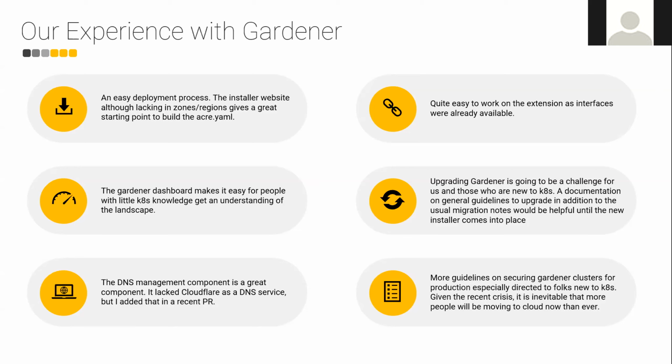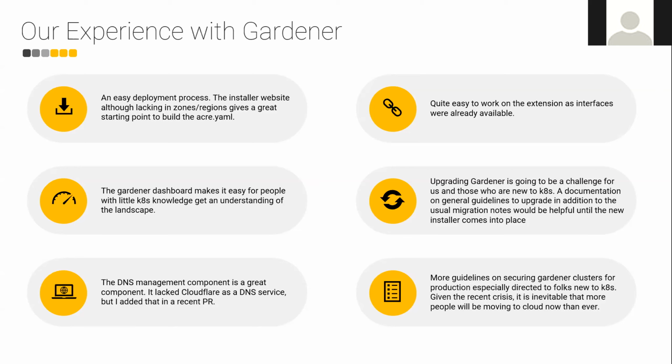Okay, so one of the things was that the installer website that Gardener provides doesn't have all the zones of all the providers, although that can be easily mitigated by configuring your acre.yaml, and we don't see that as a big issue.